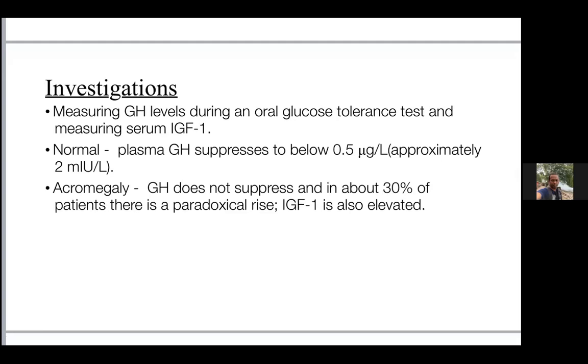As I told you, hypoglycemia triggers production of growth hormone. So if you give a glucose challenge, the growth hormone is supposed to go down. If you give glucose, your growth hormone suppresses to below 0.5 or 2. If it doesn't, that means the growth hormone is elevated.